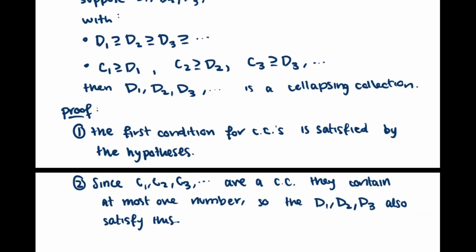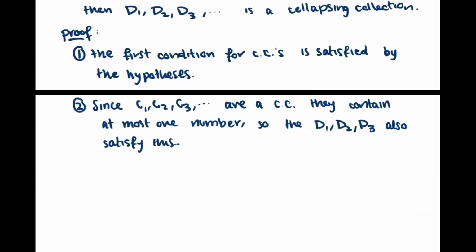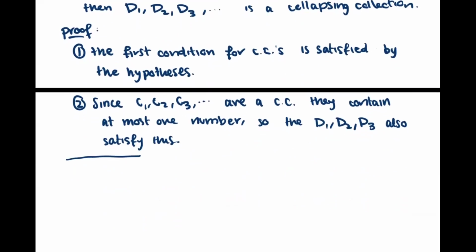Yeah, I think it just depends on what the collapsing collection is. So for example, one of the examples I have written down for today is -1 to 1, -1/2 to 1/2.